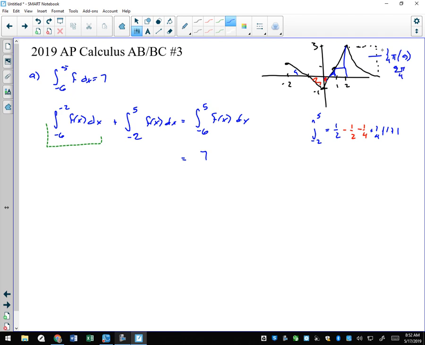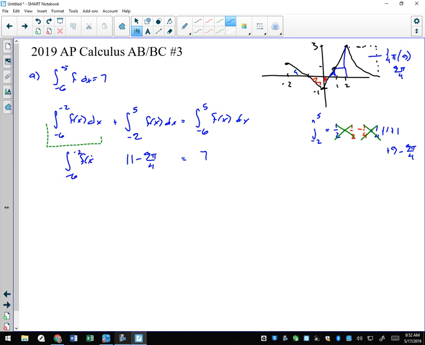This whole rectangle is an area of 9, so it's going to be plus 9 minus 9 pi over 4. And so the area from -2 to 5 using geometry: 1/2 minus 1/2 cancels, 1/4 minus 1/4 cancels, then I have 11 minus 9 pi over 4. So 11 minus 9 pi over 4, and then finally I can use algebra to finish solving this.